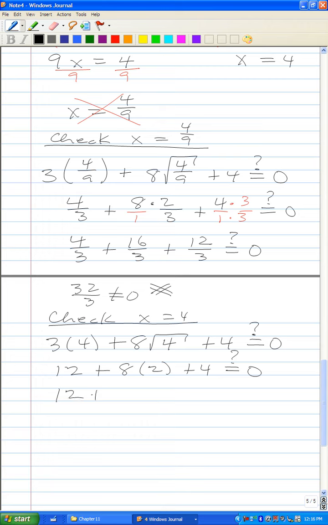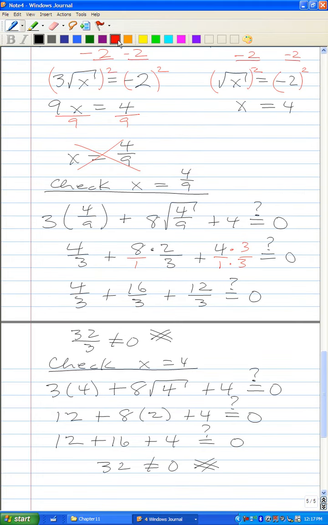Is 12 plus 16 plus 4 equal to 0? Is 32 equal to 0? Again, no. But if I would have changed this positive 16 to a negative 16, then it would have worked. And so, no, that's not a solution. So therefore, there's no solution.